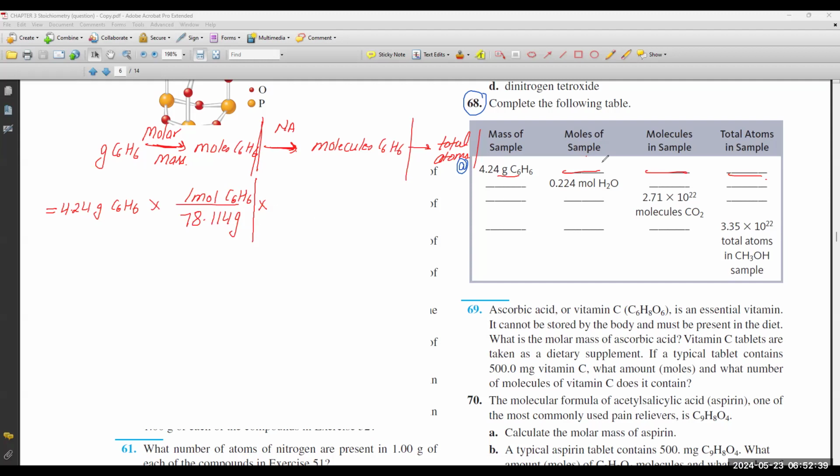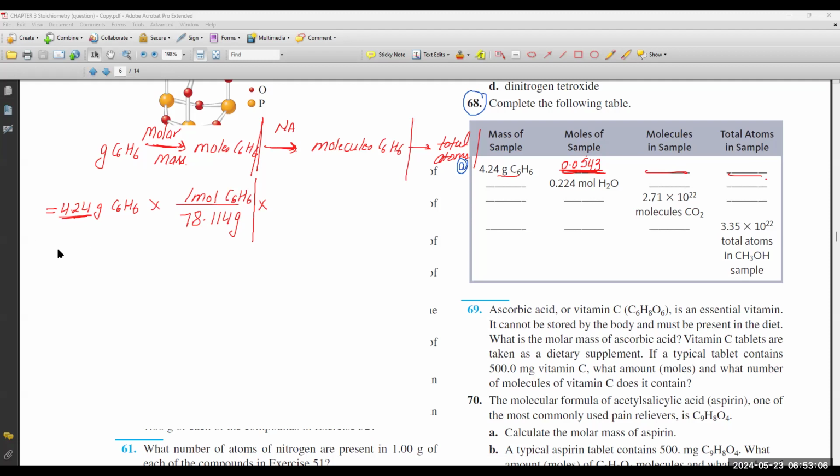Use your calculator and put the answer here. 3 significant figures, children, because this number has 3 sigfig. We are getting 0.0543. Okay, these are moles.